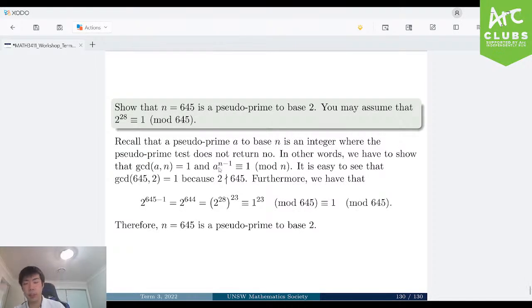We notice that 644 is the same as 28 times 23, and we know that 2 to the power of 28, by the given hint, is congruent to 1 mod 645. So that's equal to 1 to the power of 23, which is obviously congruent to 1. 1 to the power of 23 is still 1, right? Ultimately, we get that 2 to the power of 644 is congruent to 1 mod 645, and therefore the number 645 is a pseudo-prime base 2.